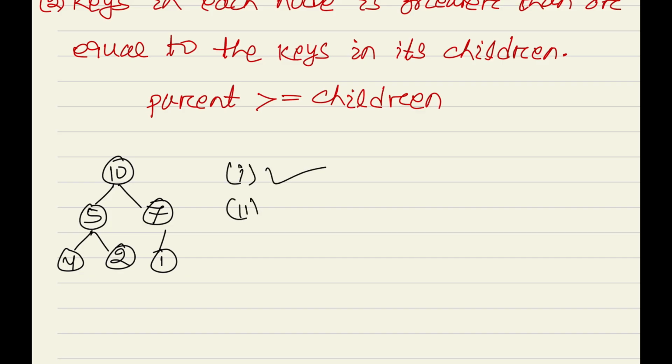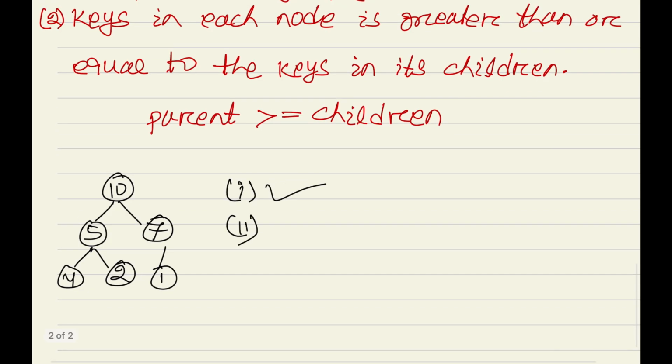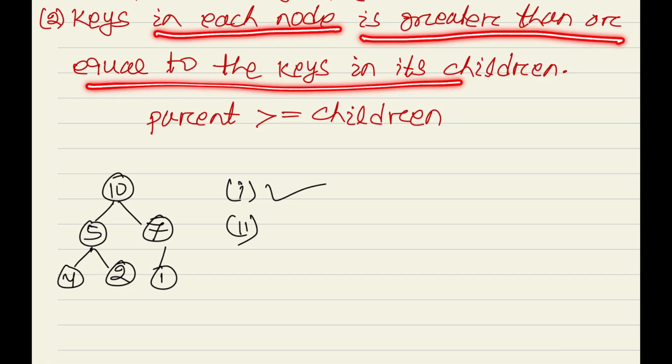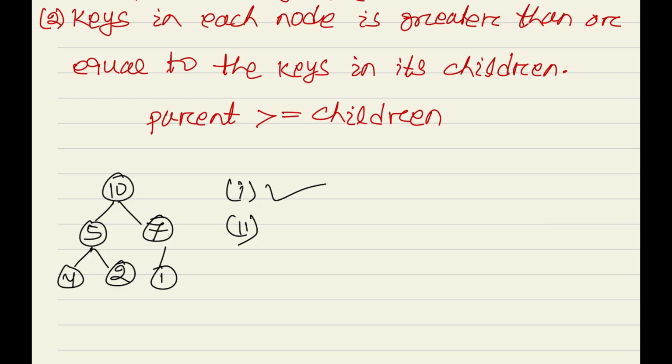Then what is the second condition? The keys in each node are greater than or equal to the keys in its children, or you can say the node at the parent should be greater than or equal to its children. For the root node, 10 is greater than 5 and 7, so it is okay.